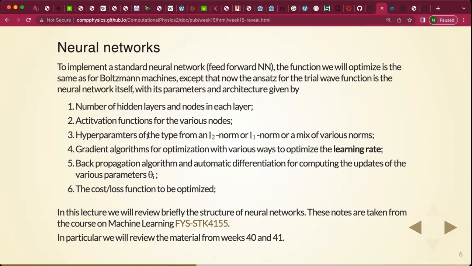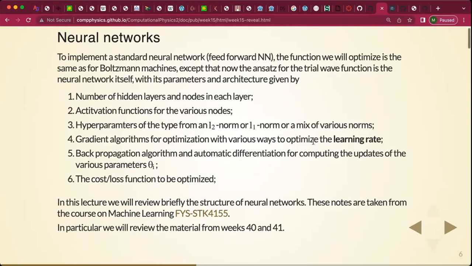We have hyperparameters which you can tune, which then are normally added with specific parameters multiplied with the norm of these parameters, and that can be an L2 norm or an L1 norm or a mix of various norms. You need different gradient algorithms, normally stochastic gradients, and ways to optimize this learning rate.